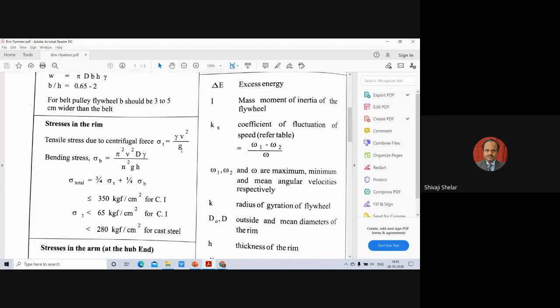Sometimes you may have used in fluid mechanics a small w: small w by G. Small w is your specific weight, G is your gravitational acceleration. So w by G is nothing but density. So this sigma t is nothing but rho v square. I have written the formula in simplified form so we can understand. Then for sigma b, they have written a very, very complicated formula.